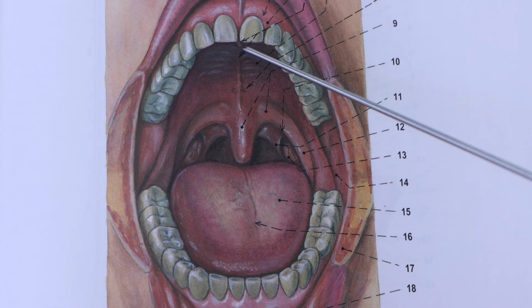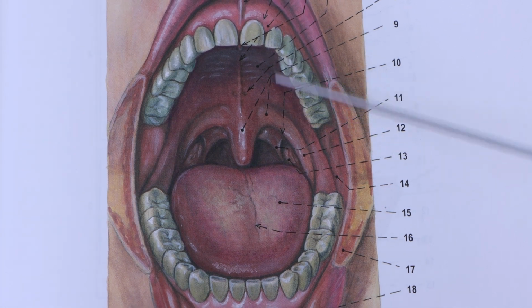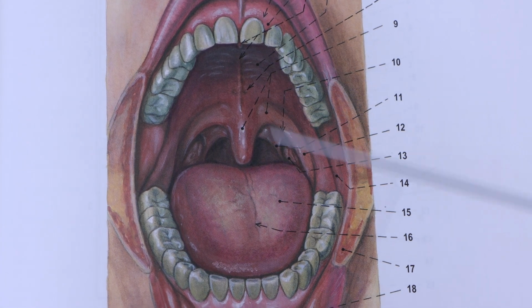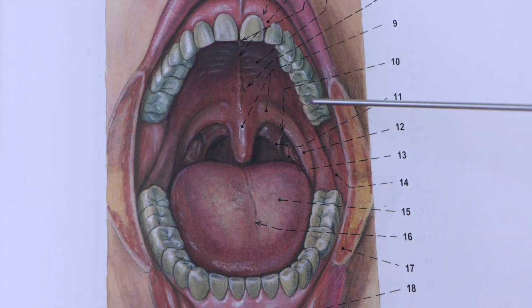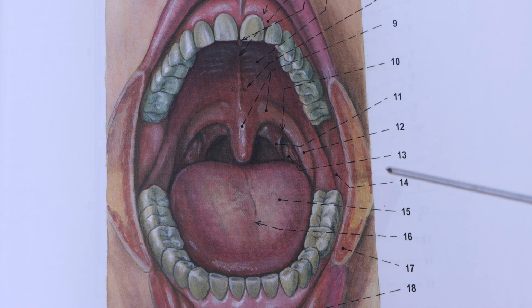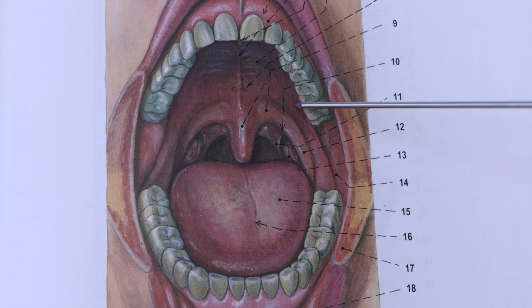As we mentioned, here behind the central incisor is the passage of the greater palatine vessels and nerve. The palatine papilla and palatine sulcus are the places where the submucosal connective tissue exists, and in this case we can apply local anesthesia.